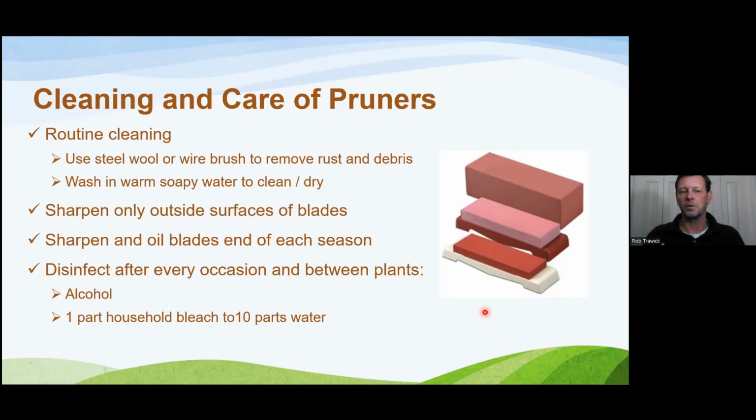So we want to disinfect these pruners between plants using alcohol, or you can use household bleach, 1 part to 10 parts water, to sterilize the pruners in between cuts.